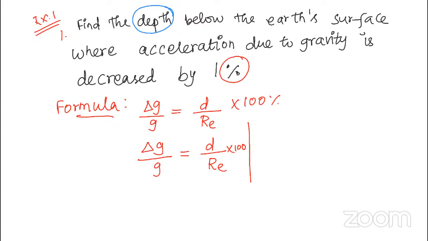Here delta G divided by G value should be given 1%. Okay. So 1 divided by 100, which should be equal to D by the radius of the Earth. Now tell me the value of the radius of the Earth.